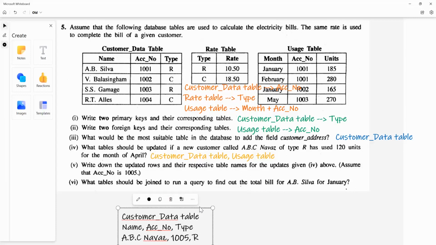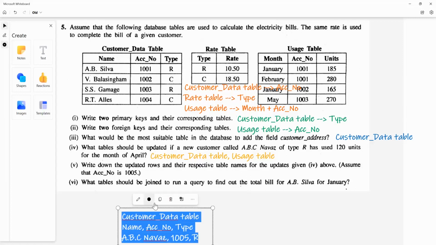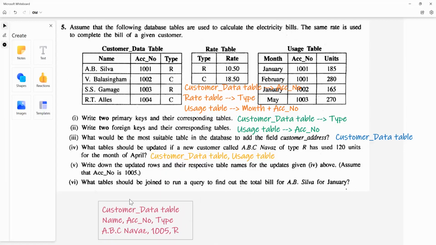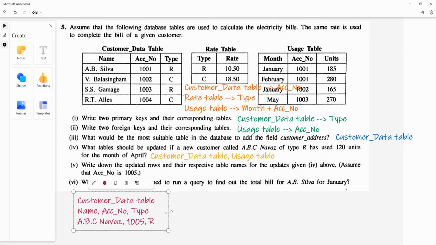The type is R. Customer data table, name, account number, and type. We can say ABC Nawaz 1005 R.